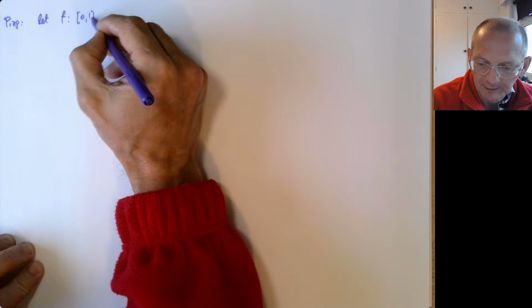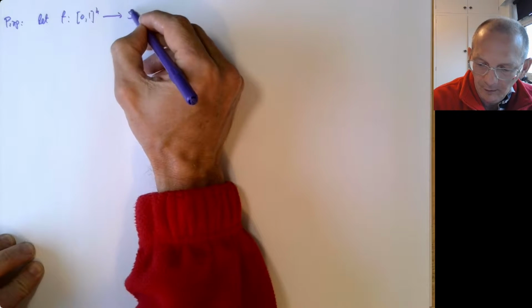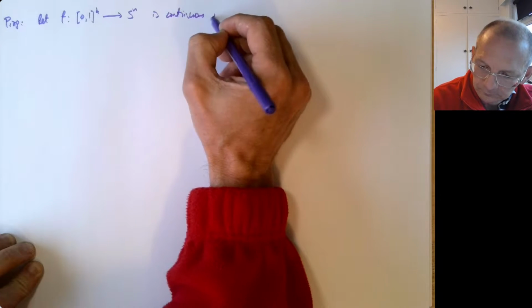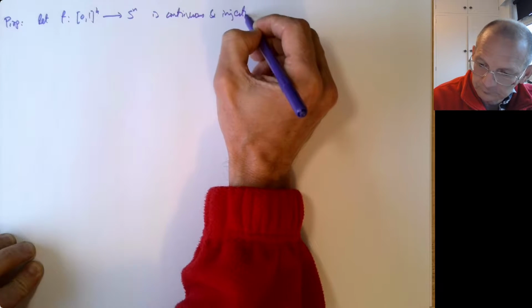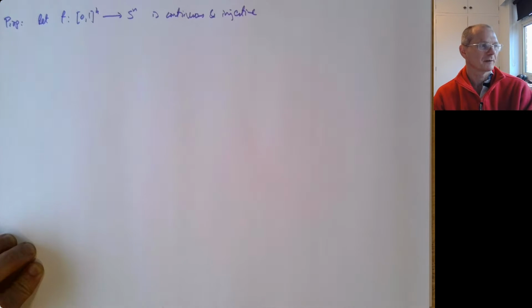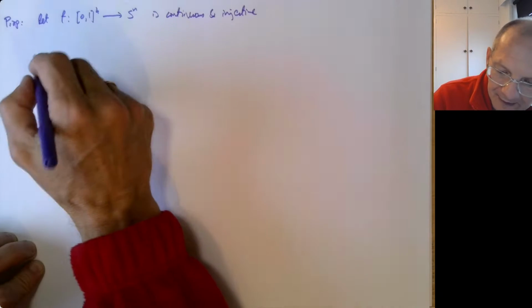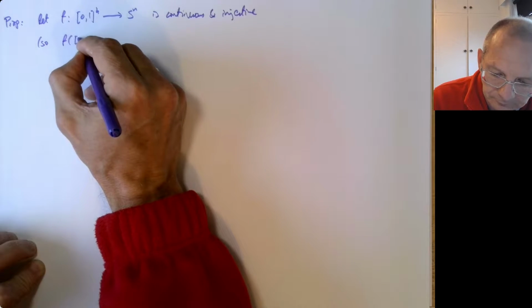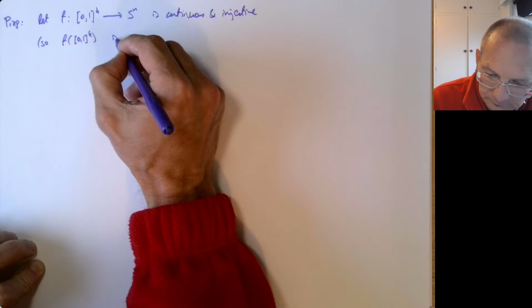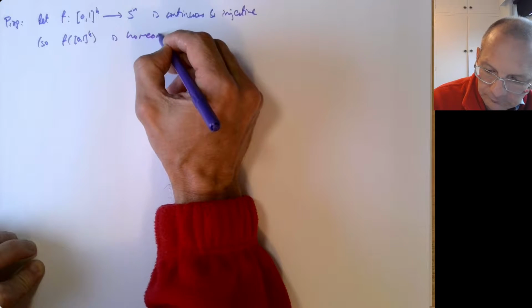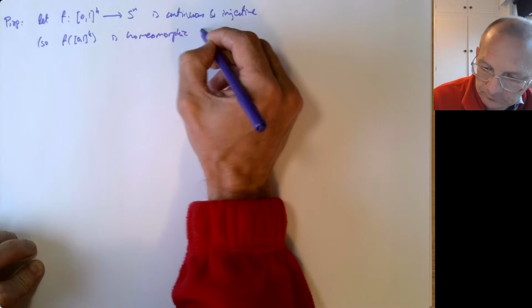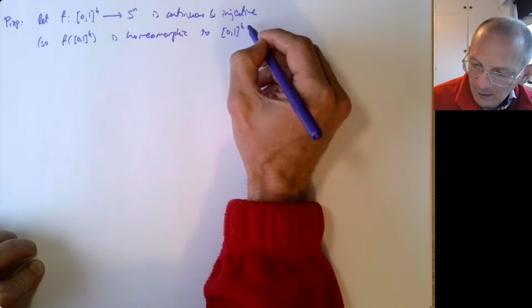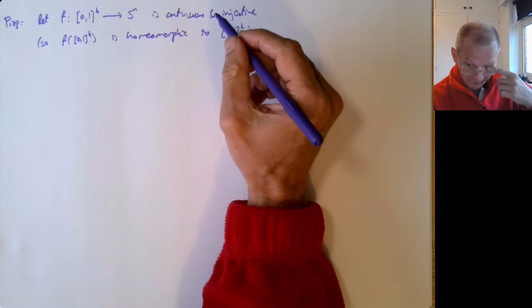Suppose we've got some continuous injective map from [0,1]^k to S^n. So this means that the image is homeomorphic to [0,1]^k.